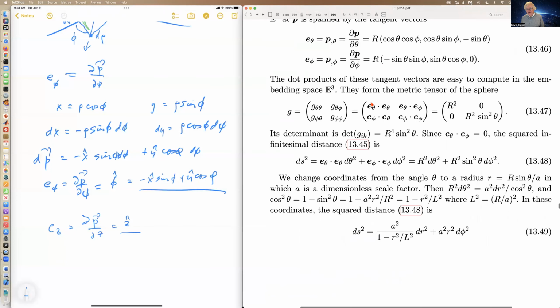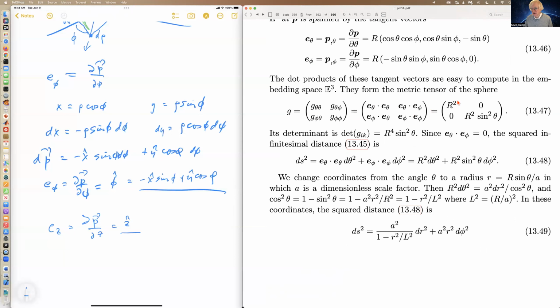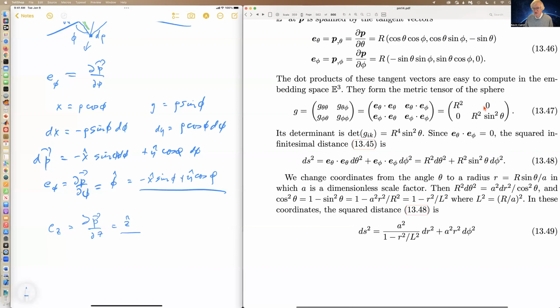And then if you take the dot products of these, you get the metric on the sphere, and it turns out to be a 2x2 matrix: R squared, 0, 0, R squared sine squared theta. The determinant of that, of course, is R to the 4th sine squared theta.